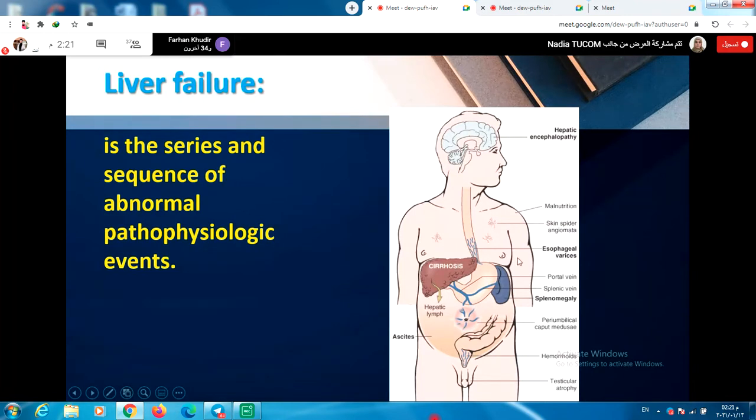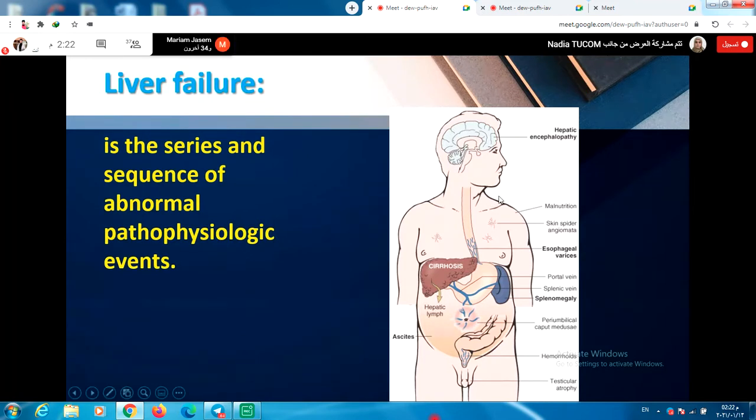affecting the vasculature and presenting as vascular lesions. Esophageal varices, splenomegaly, periumbilical caput medusae and hemorrhoids are consequences of portal hypertension. Another feature is fetor hepaticus, a bad breath odor due to an increase in dimethyl sulfide level in the blood.